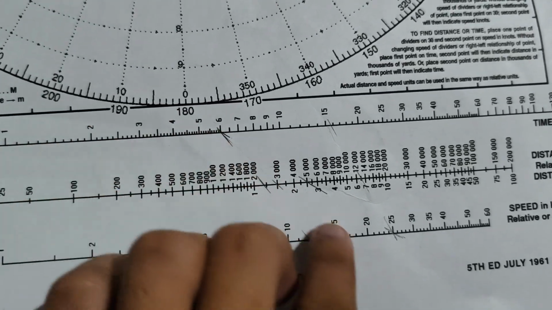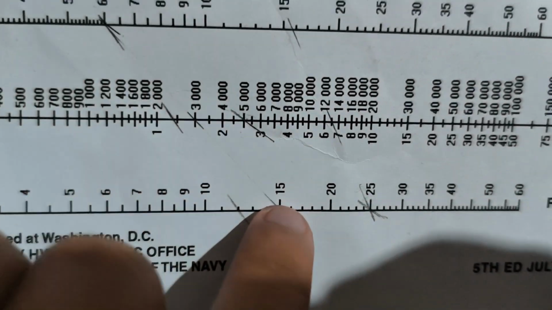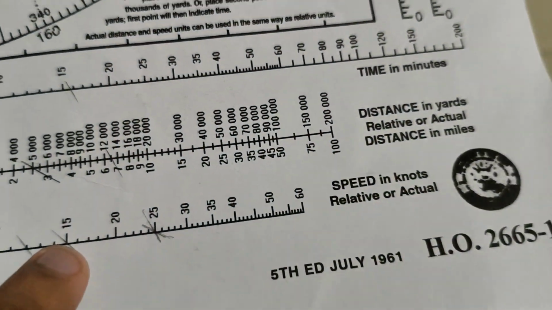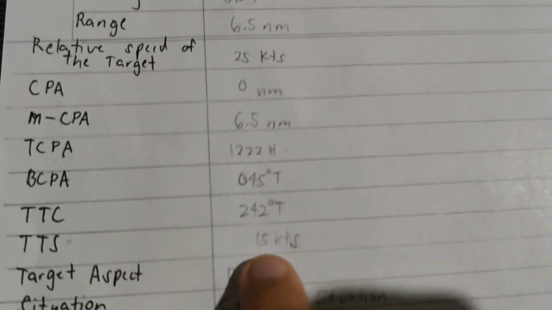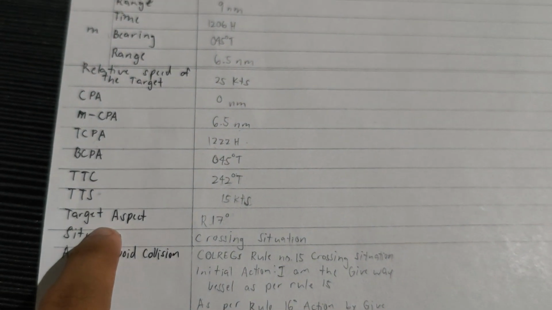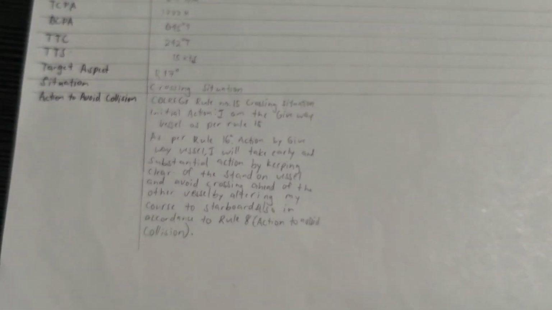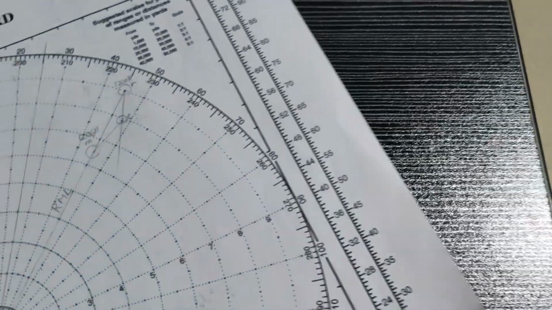So we draw a line there, and then we come up with 15 knots. So we wrote 15 knots.